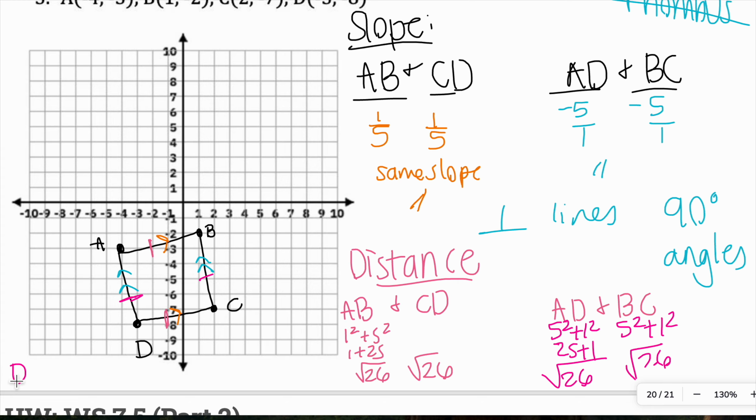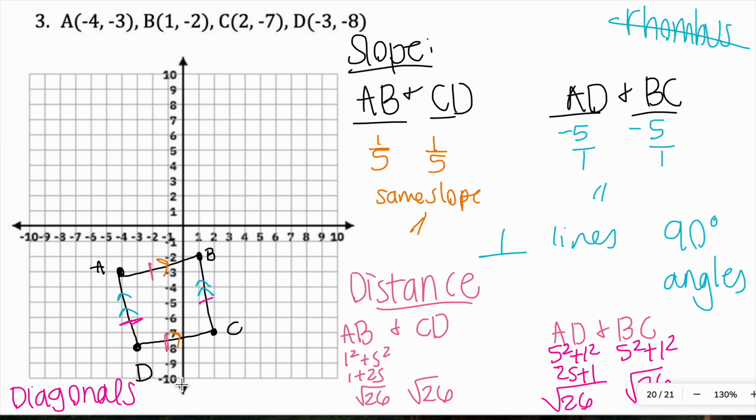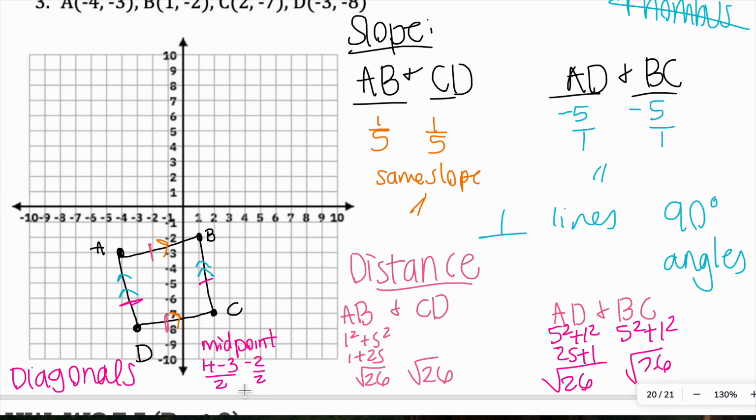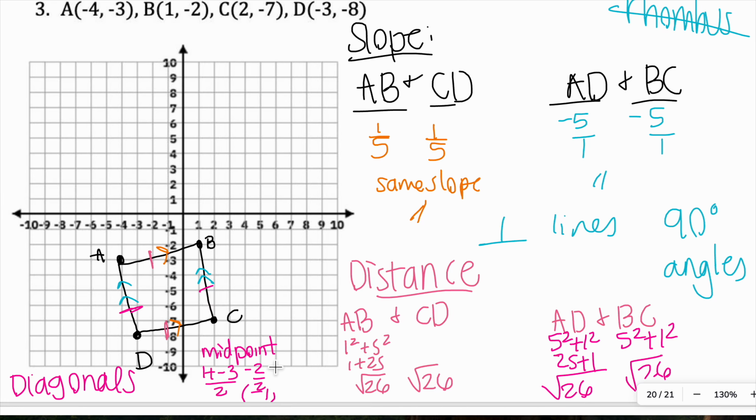One more way to think about this is talk about your diagonals. From B to D, that distance is going to be the same midpoint as A to C. So if you look at BD, that is 1 plus -3 over 2, and here I'm doing midpoint. So that's going to be -2 over 2, which is -1, comma, -2 plus -8, so that's -10 over 2, which is -5.